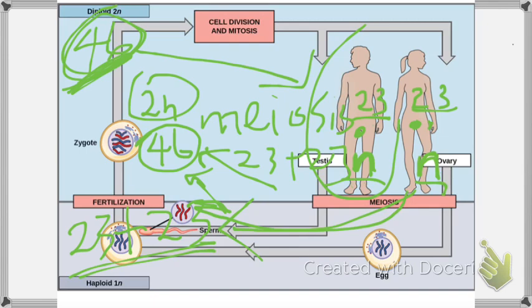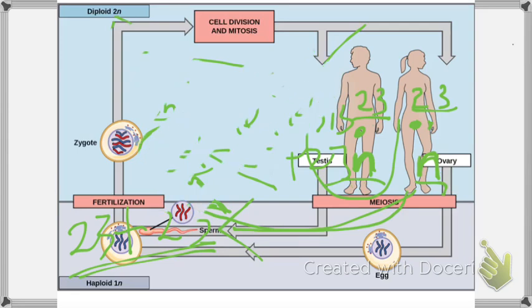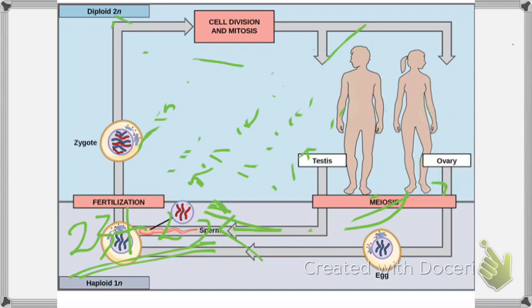And if we are to recap, what cell would have 23 chromosomes? Good. 23 chromosomes will only be in our sperm cell and our egg cell.